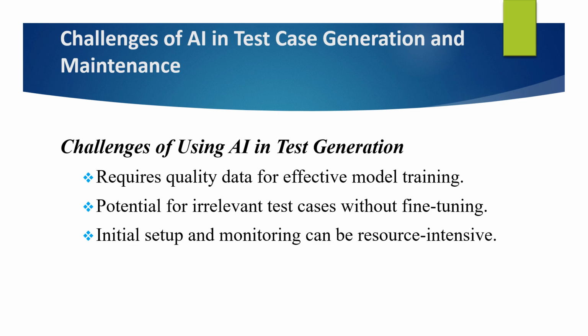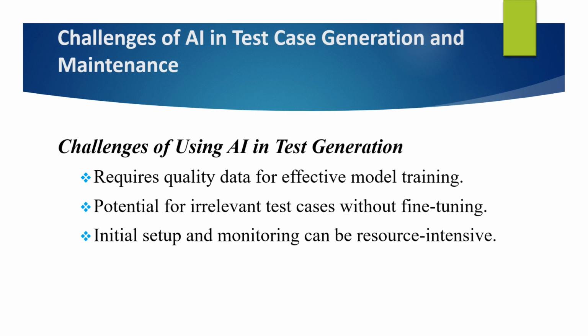To overcome this, it's important to fine-tune your AI models regularly, ensuring they adapt to your application's needs. Lastly, while AI does offer significant time savings in the long run, the initial implementation and ongoing monitoring of AI-driven testing can demand a fair amount of resources. For these reasons, it's essential to weigh the benefits against these challenges and determine how best to incorporate AI into your QA process.